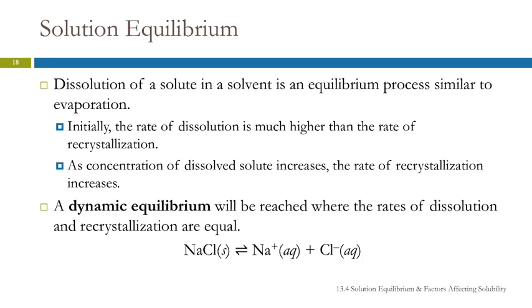Initially, you only have solid solute, and it's going to dissolve. There's nothing to recrystallize, so the rate of dissolution is much higher than the rate of recrystallization. But as the concentration of dissolved solute increases, the rate of recrystallization increases. So it is a dynamic process.